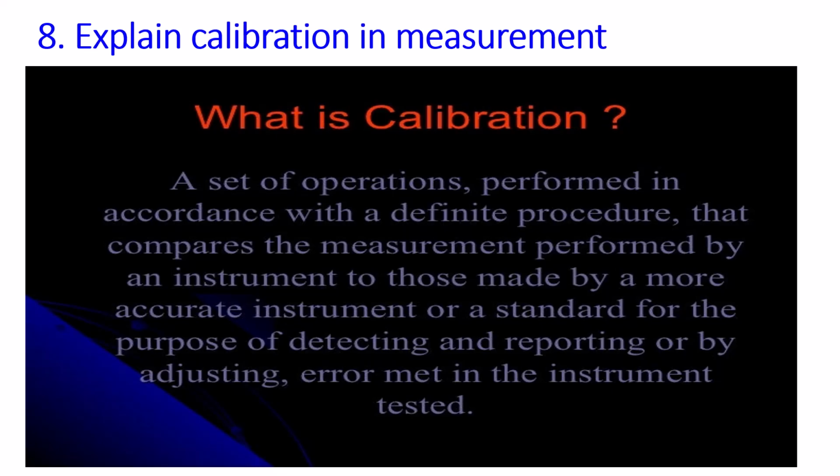That is called calibration. So we test an instrument with some reference instrument or a master, detecting, reporting and adjusting the error in the instrument. That is simply called calibration.